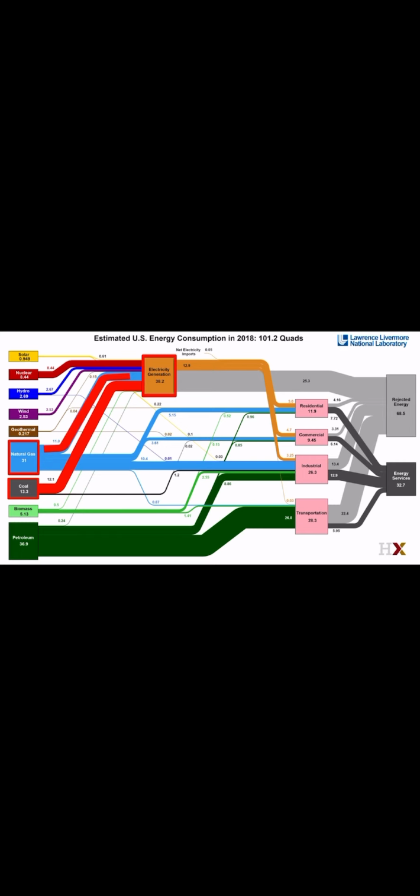When we look at the natural gas consumption with respect to residential, commercial, and industrial endeavors, we see that natural gas is the dominant part of the energy input, and we see that petroleum is primarily directed toward transportation, that is, liquid fuels.